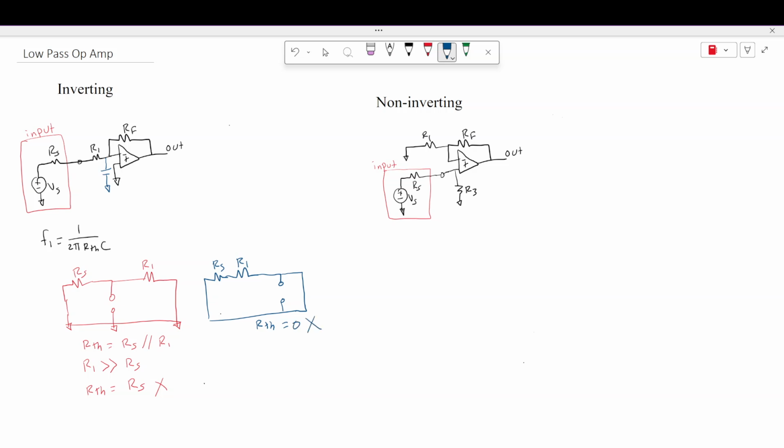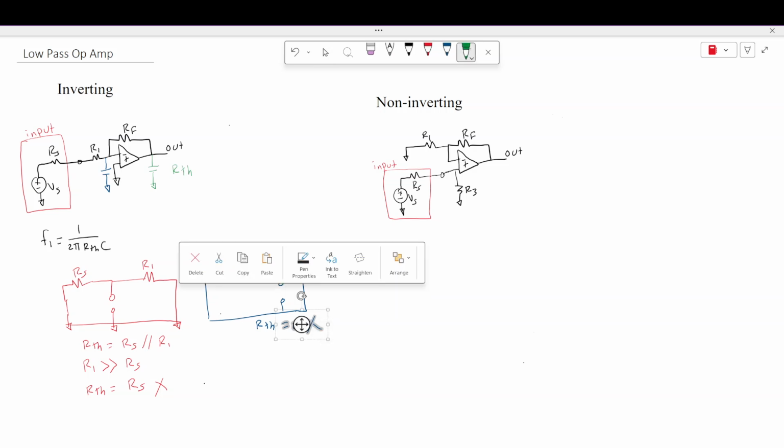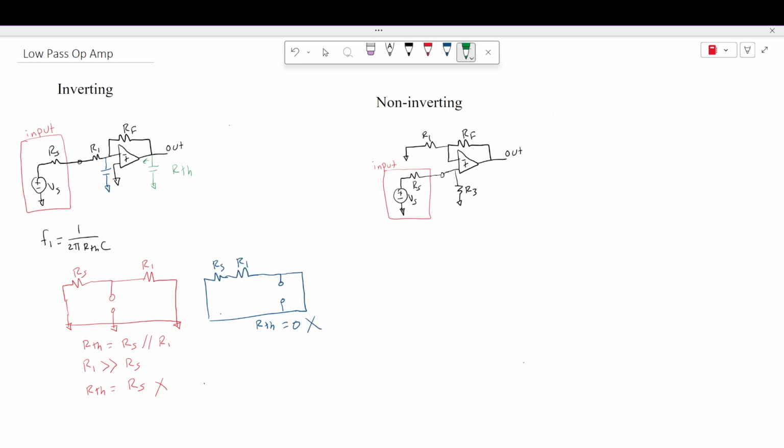Well, that is also not good. The last place that we have is we can put our capacitor over here, and now our Thevenin is going to be equal to the Thevenin resistance looking into the op amp, which is equal to 0, and so this also doesn't work. So we can't put it at any of these points.